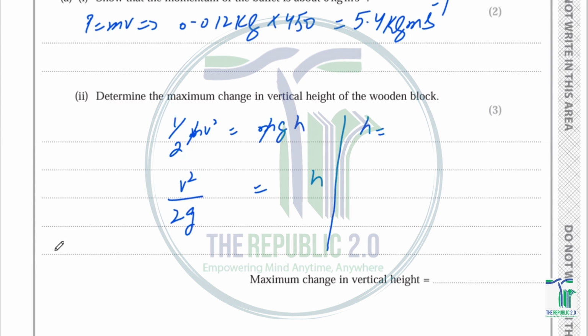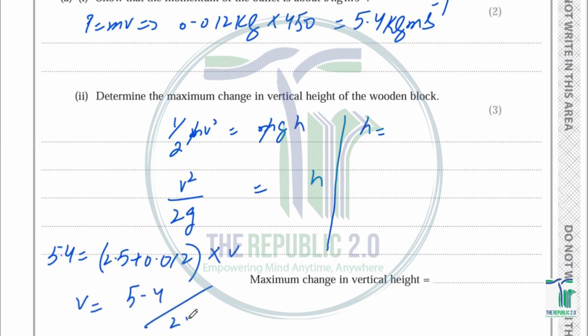The speed is going to be the momentum, which was 5.4, divided by the total mass, because the bullet was ingrained inside the wooden block, so the total mass has to be 2.5 plus 0.012. So v comes out to be 5.4 divided by 2.512, which gives something like 2.1 meters per second.